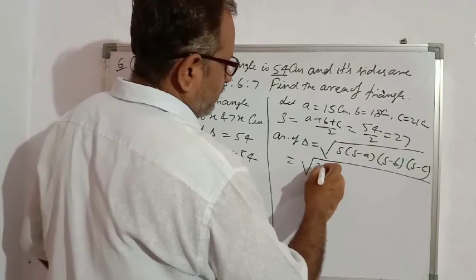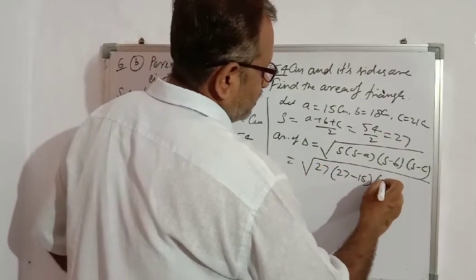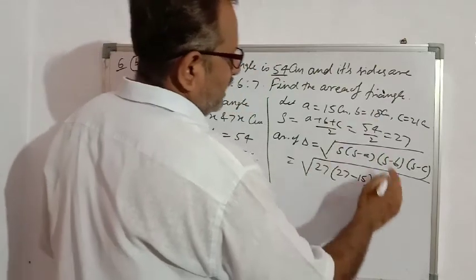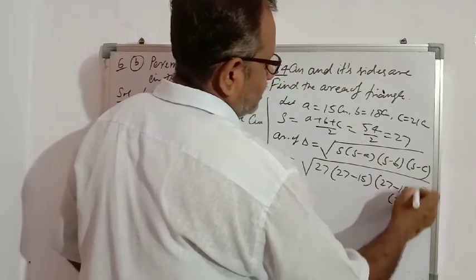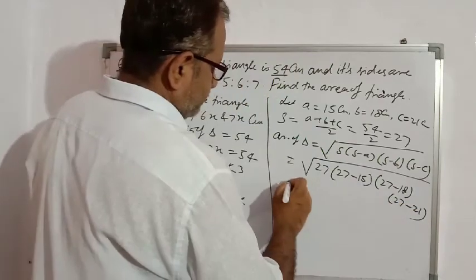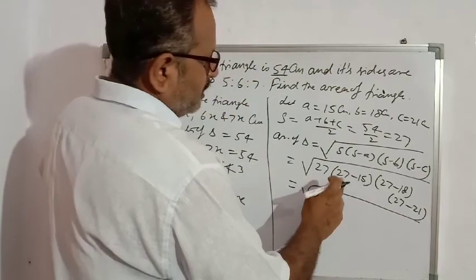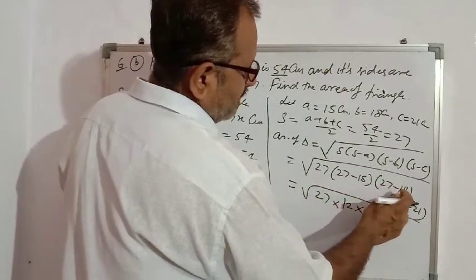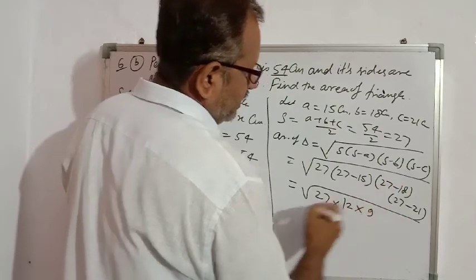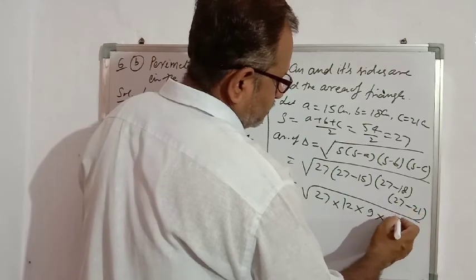S is 27. 27 minus 15, 27 minus 18, and 27 minus 21. 27 minus 15 will come 12. 27 minus 18 is 9. 27 minus 21 is 6.